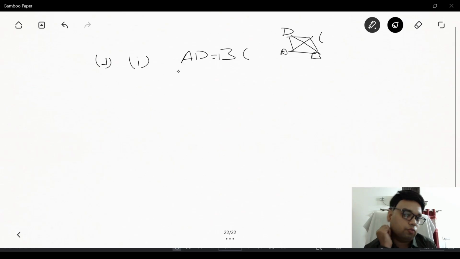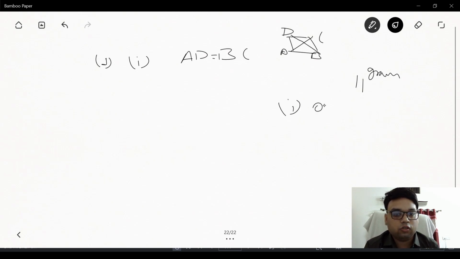Why is AD equal to BC? The clarification is the property of parallelogram: opposite sides are equal.